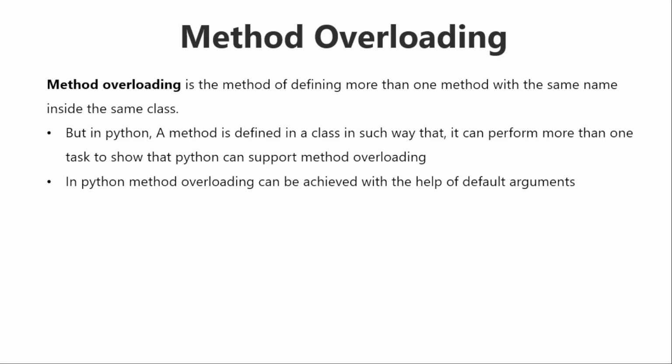We have four types of actual arguments: positional arguments, default arguments, keyword arguments, and variable length arguments. Try to have a look at these default arguments before going into method overloading, as it will help you understand how exactly Python supports method overloading.